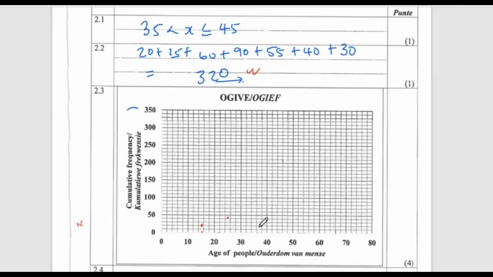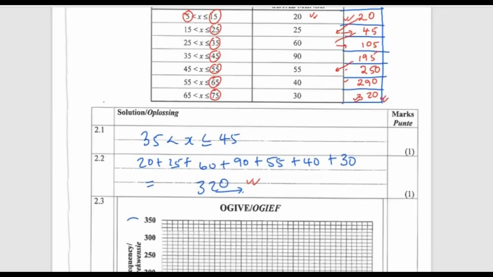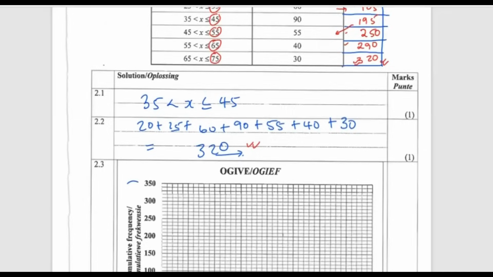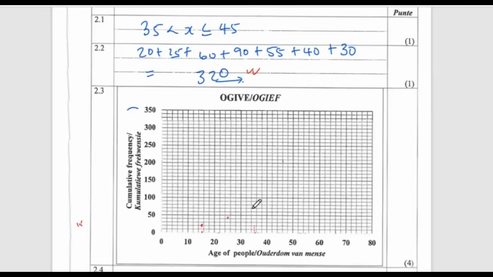Then I'm going to 35. This is the line of 35. 35, where are you? You're going with 105. This is 100, so somewhere there.